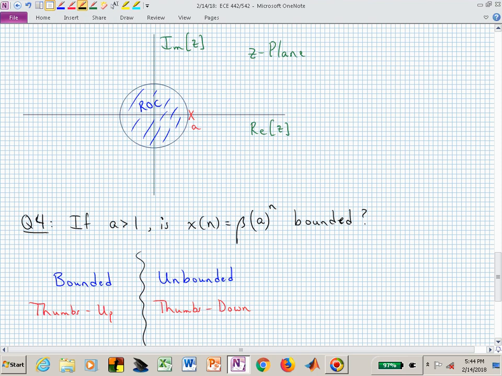I guess this question's not written very well, but I guess it should be yes or no, huh? But it's bounded or unbounded by either thumbs up being bounded or thumbs down being unbounded. 1, 2, 3.